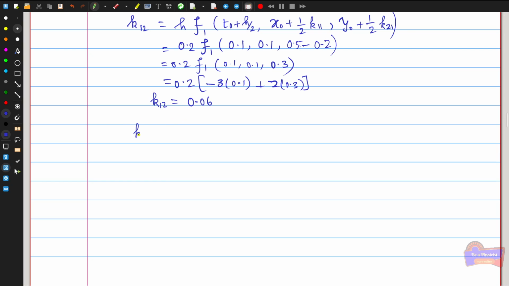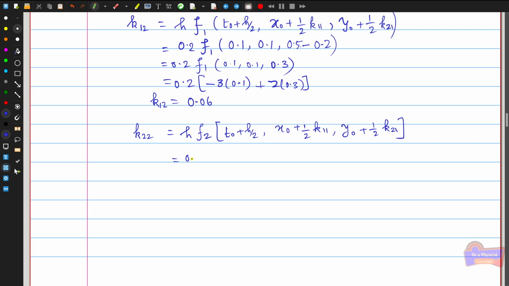Similarly, I can calculate k22, which is equal to h into f2 of t0 plus h divided by 2, x0 plus half times k11, comma, y0 plus half times k21, which is equal to 0.2 f2 of, again substituting the values of t0, h, x0, k11, y0, k21, you will get the numbers 0.1, 0.1, 0.3 as usual.